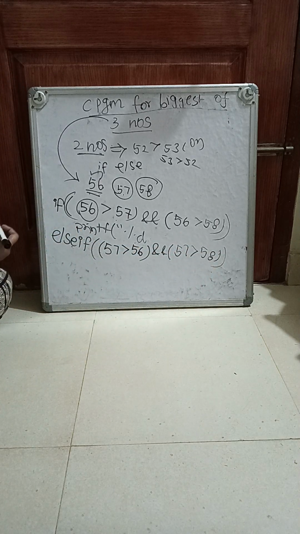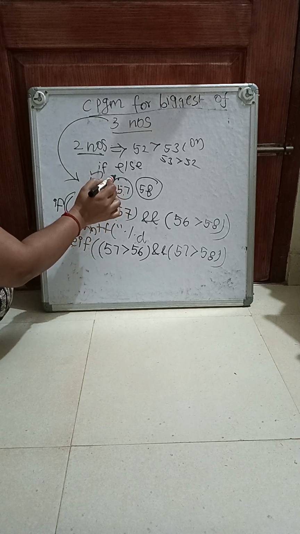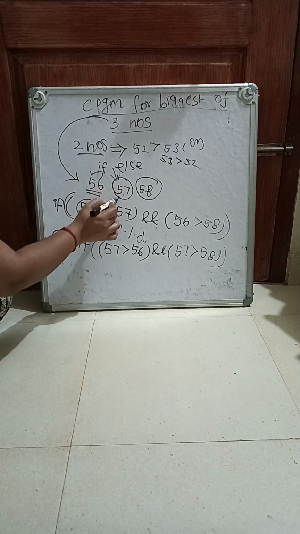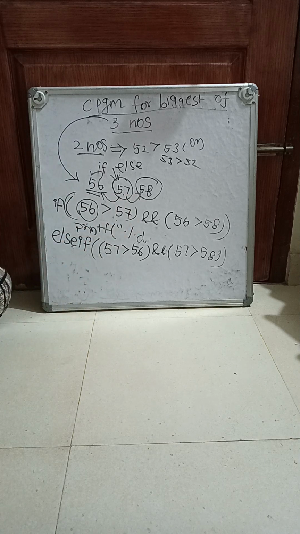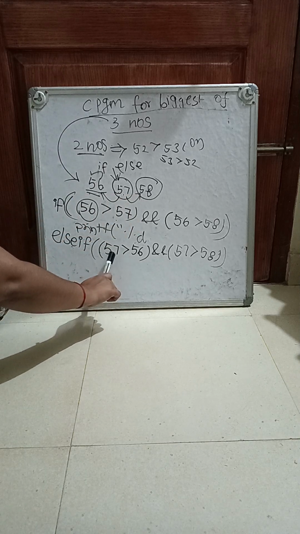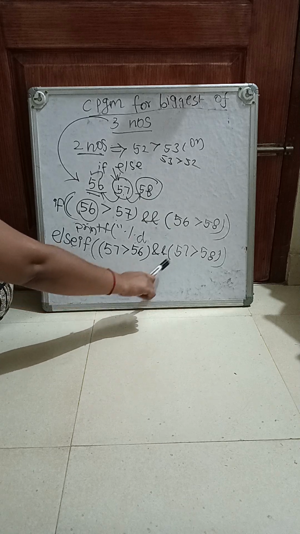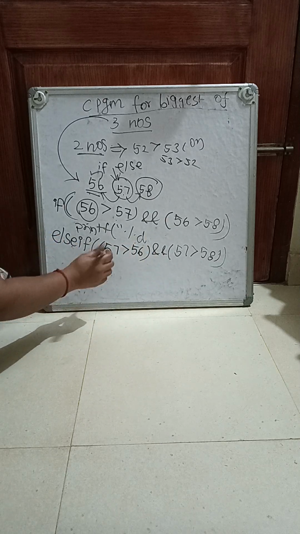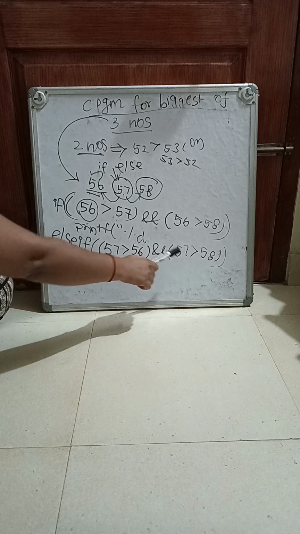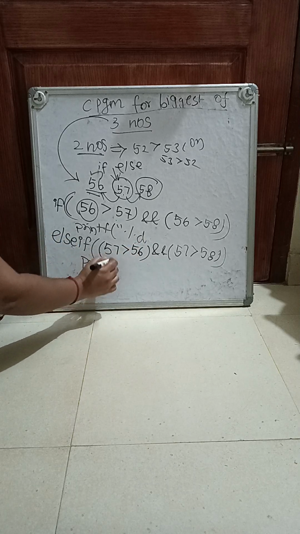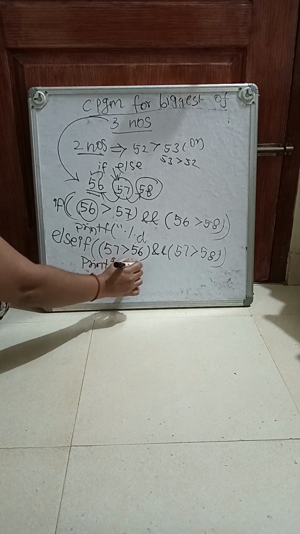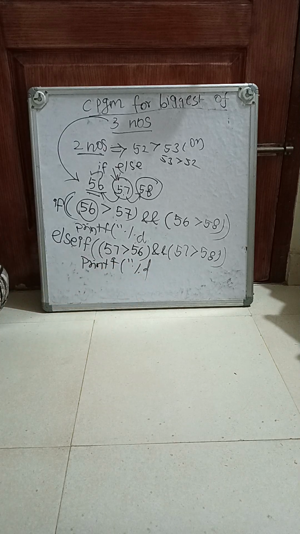Now I am going to compare 57 with 56 and also with 58. If both options are true, then it is going to print 57 as the greatest number.